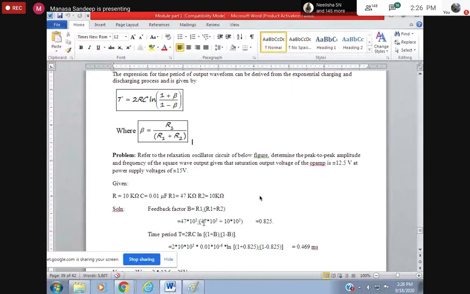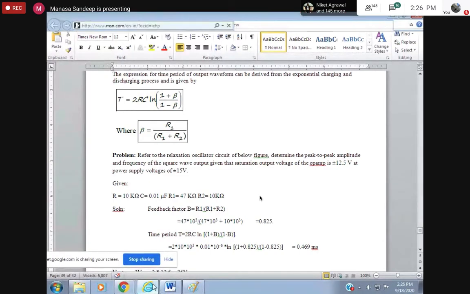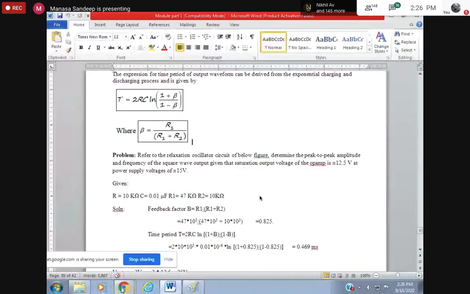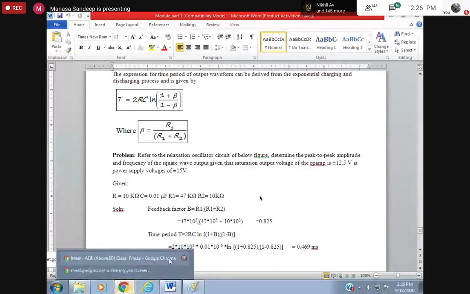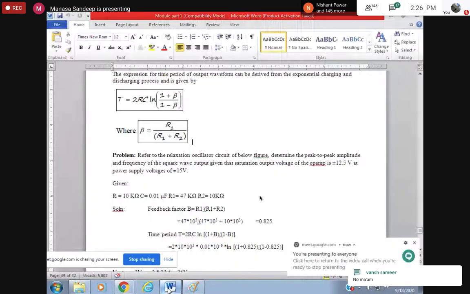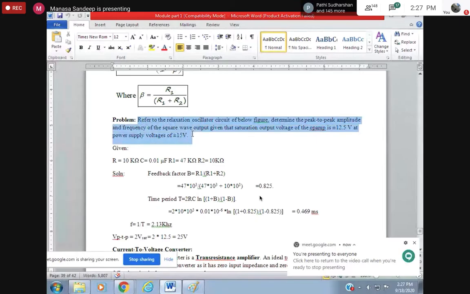Guys, any doubts in this relaxation oscillator, whatever we have seen? If you're not having any doubt, then let's do this problem. It is a very important problem from the point of view of the examination. They have asked this question repeatedly many times.